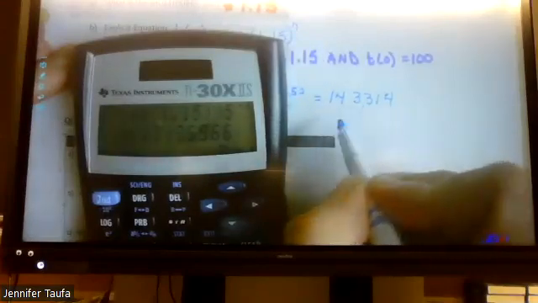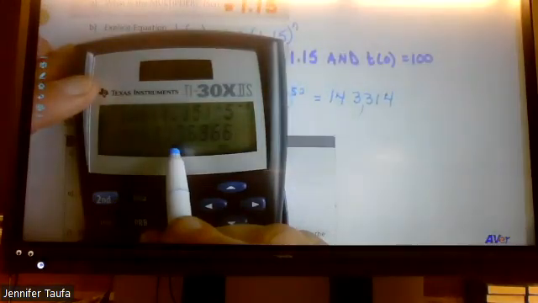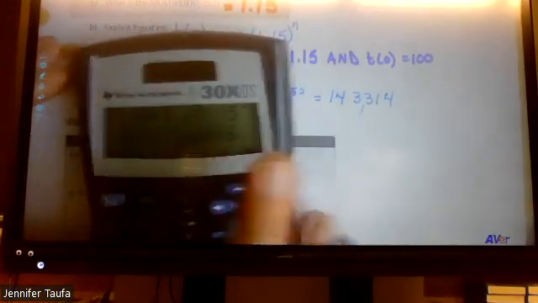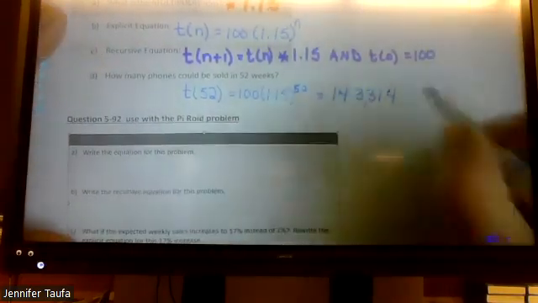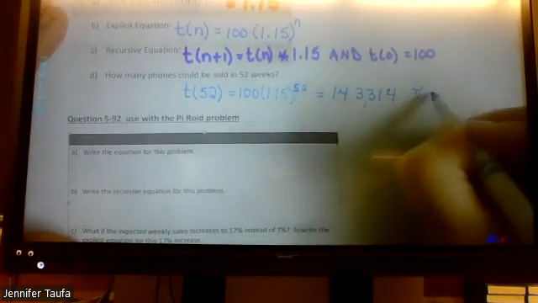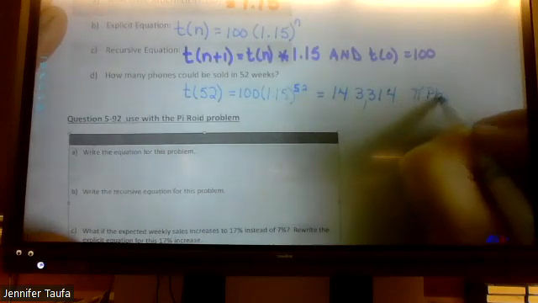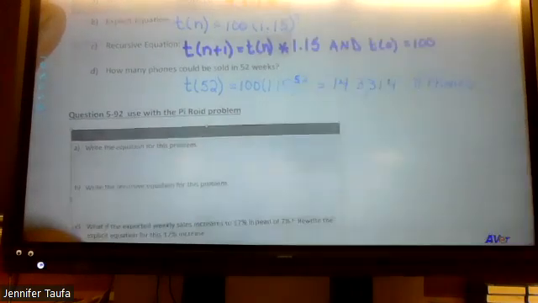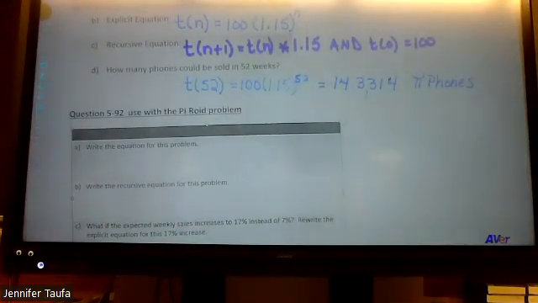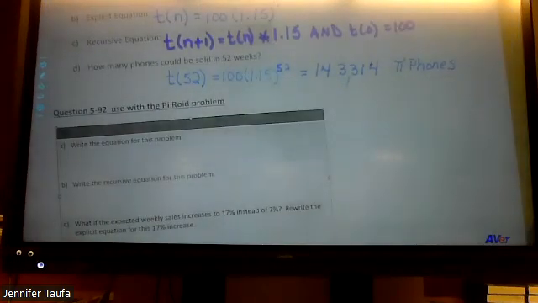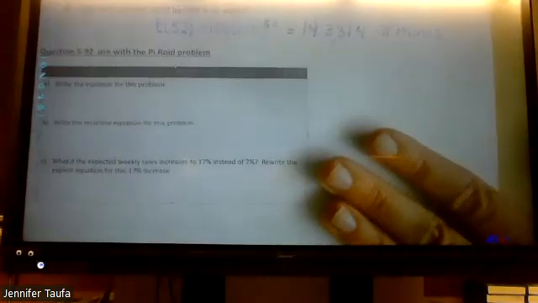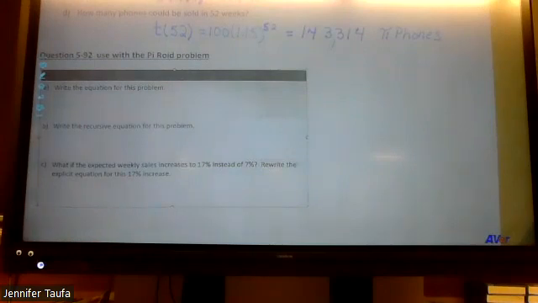So they will be selling 143,314 pi phones. Notice how we begin to use our sequences and our equations to figure out what happens in the future, make those predictions.